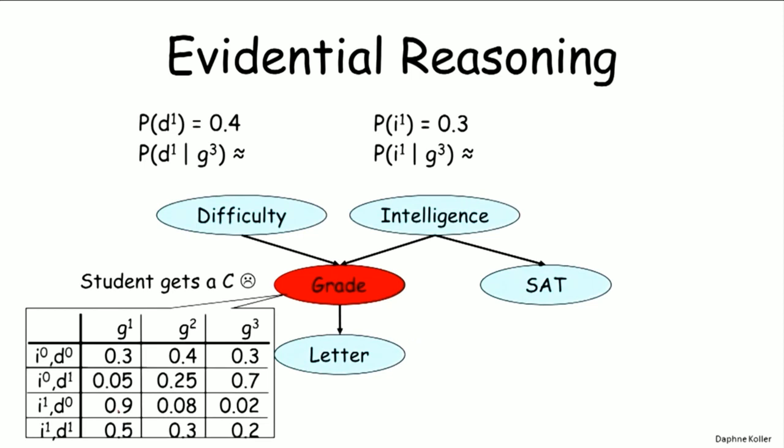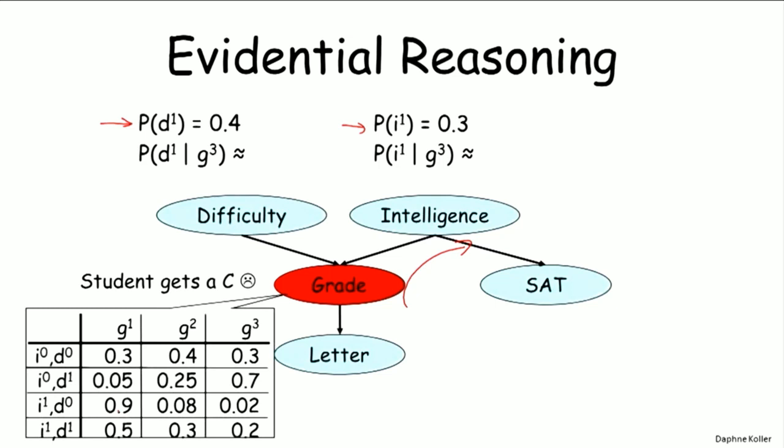You can also do evidential reasoning. Evidential goes from the bottom up. So in this case, we can condition on the grade and ask what happens to the probability of variables that are parents or in general ancestors of the grade. So let's just imagine that this poor student takes the class and he gets a C. Initially, the probability that the class was difficult is 0.4, and the probability that the student was intelligent is 0.3.